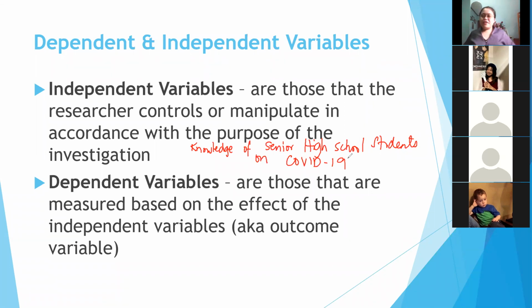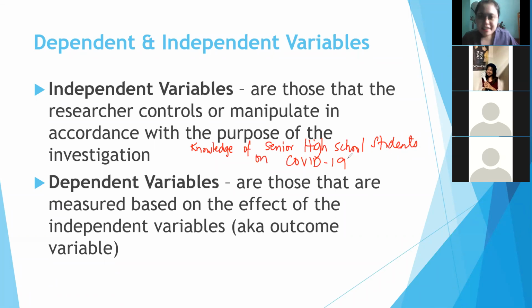Okay. So for example, your problem is this one. You want to know the knowledge of senior high school students on COVID-19. Yan, COVID-19. So kaya itong independent variable, what do you think?